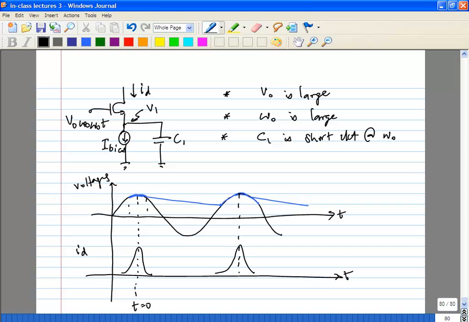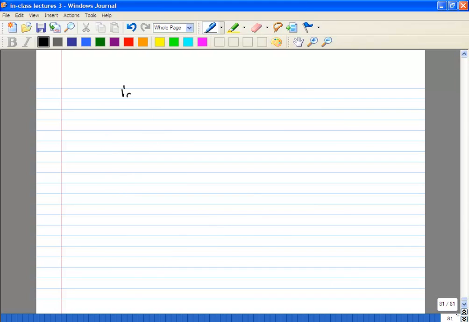Okay. So now we don't know what form the current signal will take, but it turns out we can actually find out the fundamental and the bias and so on. What we are going to do is write it as a Fourier series.